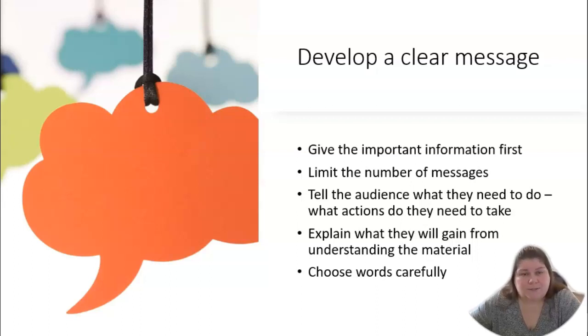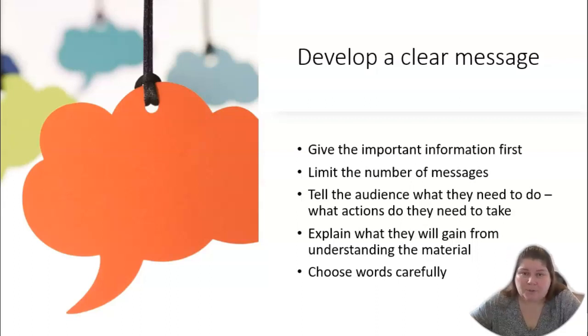and then you want to choose your words carefully. So be clear and concise. Don't use jargon. So say something like high blood pressure instead of hypertension. Say heart disease instead of cardiovascular disease, if those are within your topic that you're discussing. Talk to them or provide a message like you would be talking to your friends.